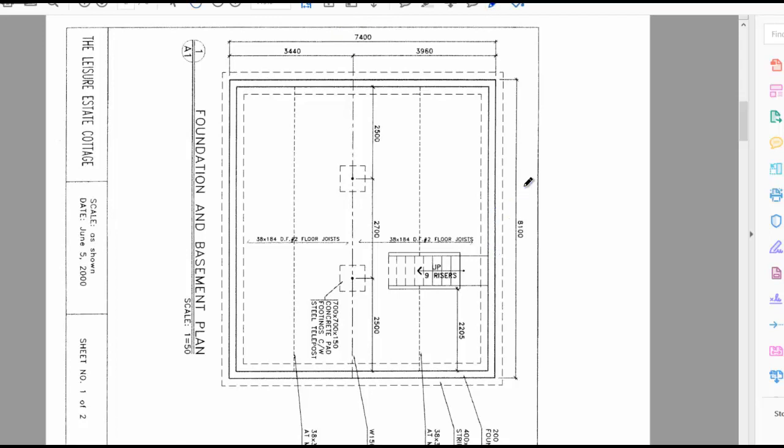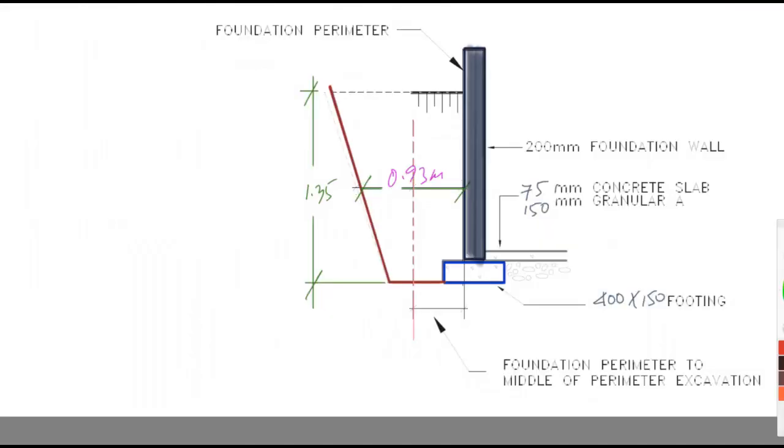This is a very straightforward rectangular shape, and that part will be based on our previous understanding. We have 8.1 multiplied by 2, these are two sides, plus 7.4 multiplied by 2.